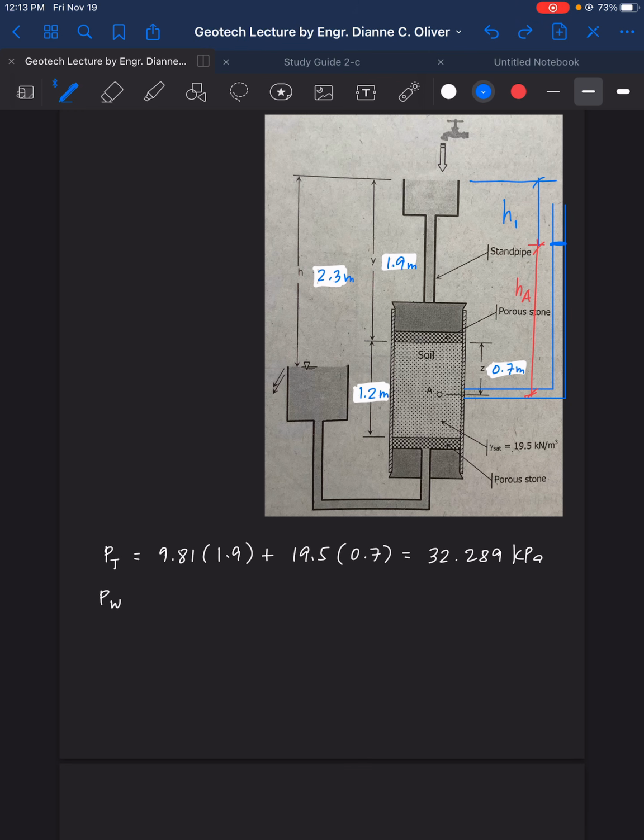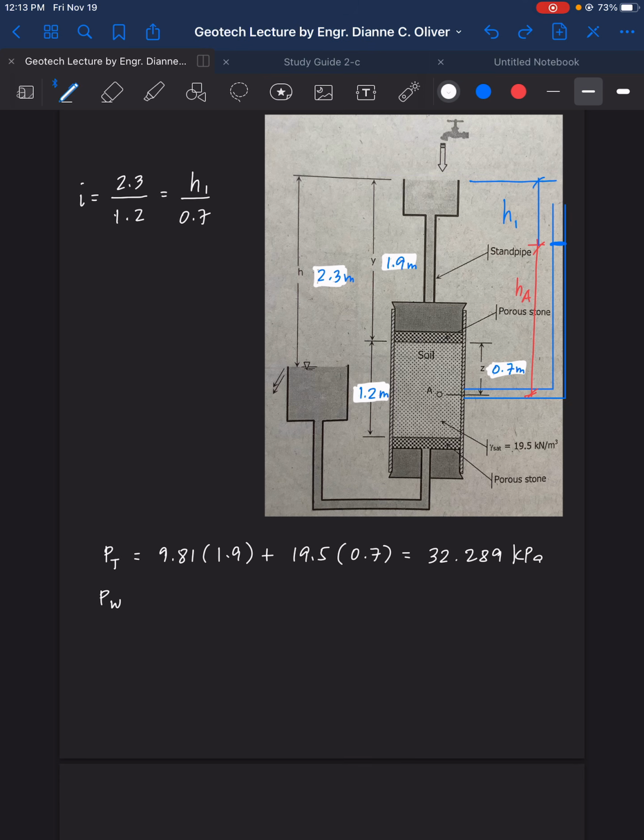H1 is by the whole system, hydraulic gradient I. For the entire system, we have H, 2.3, over the total height of the soil, 1.2, equals H1 all over 0.7. Remember, the reference point for 2.3 is above.